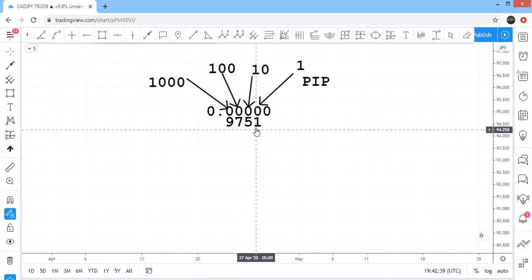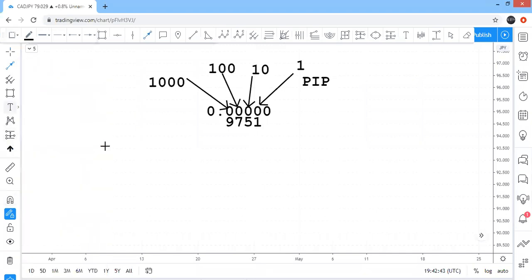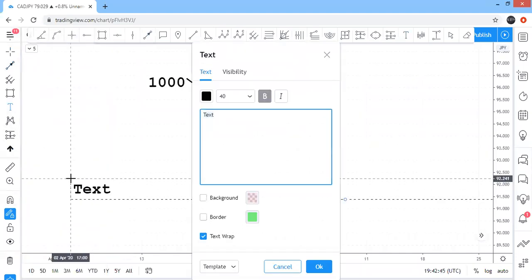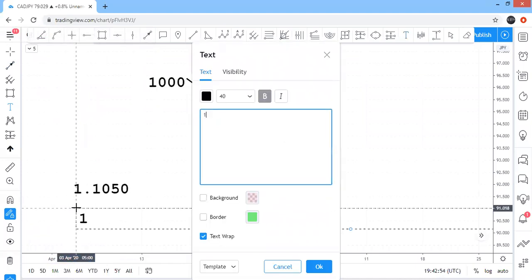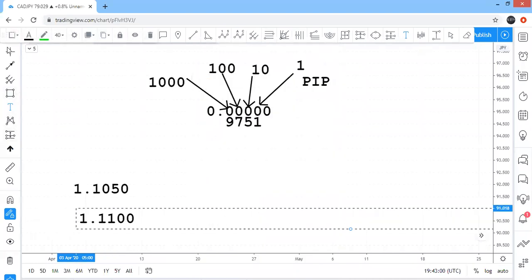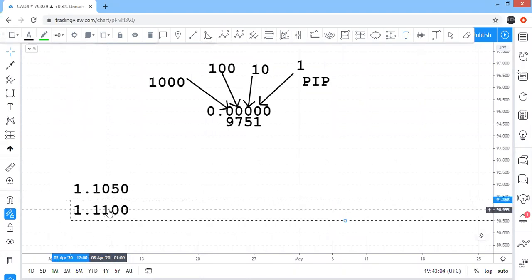So when you're looking at a currency pair, and let's say Euro USD, for example, has popped up, and you've gone from 1.1050, okay, and the next number is 1.1100. When you want to know how many pips you have made, you want to look at the difference between the numbers.